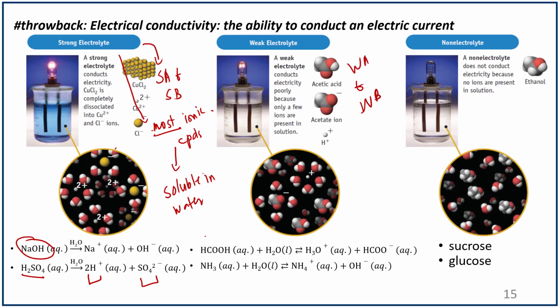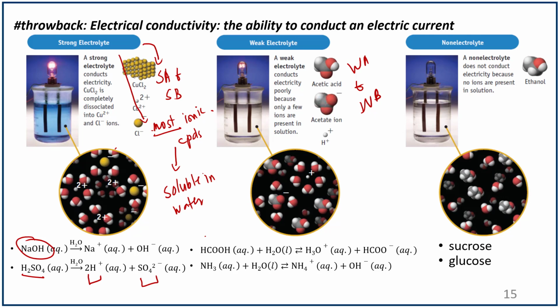We will discuss what weak acids and weak bases are when we go later into acid-base solution chemistry. But basically, these weak electrolytes, unlike sodium hydroxide and sulfuric acid on the left, only partially break up into ions.